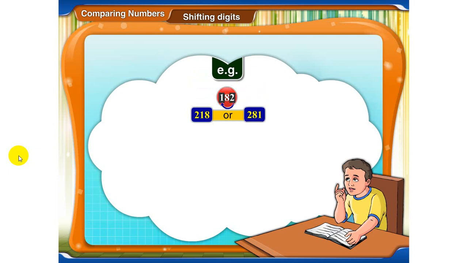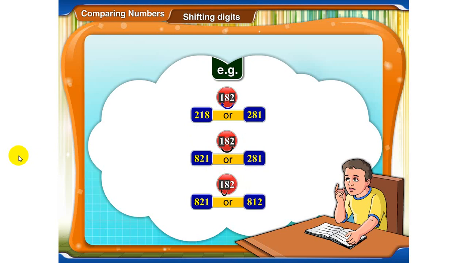In the same way, if we put 1 at units place, then too we get two numbers, 821 or 281. Also, if we put 8 at hundreds place, again we get two numbers, 821 or 812.